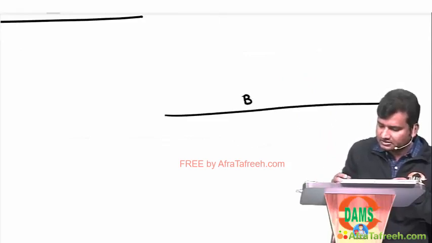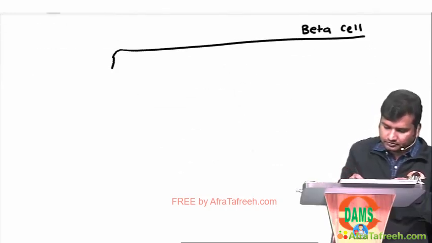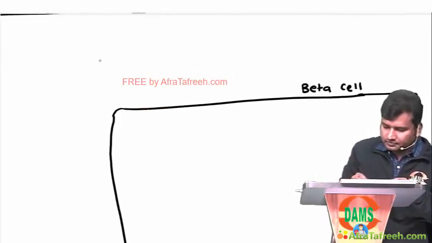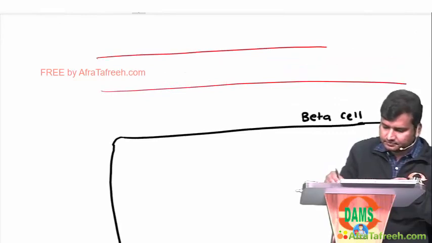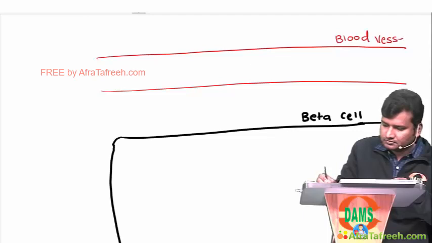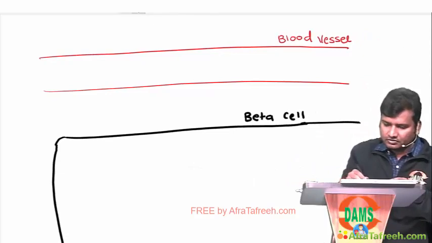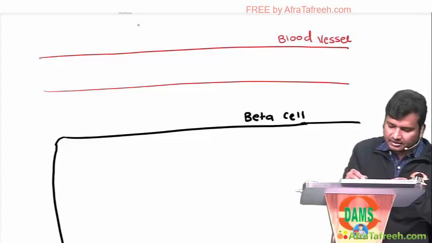Suppose this is beta cell. This is blood vessel. Now, after eating food, glucose will enter in blood.